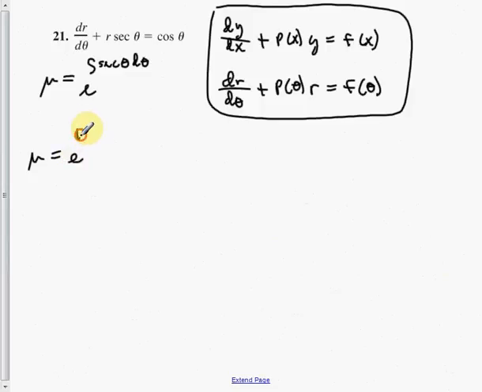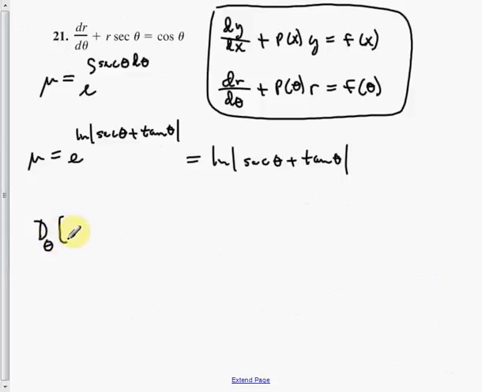So this is e to the natural log of the absolute value of secant theta plus tangent theta. So the left side becomes the derivative with respect to theta of the product of the integrating factor and the dependent variable.